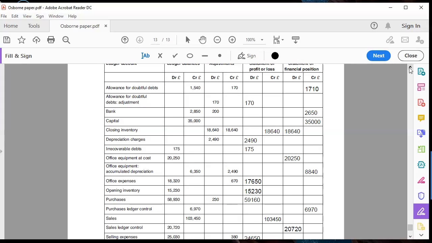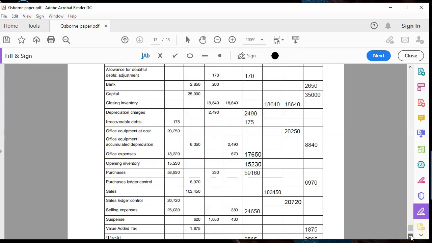1710 plus 2,650 plus 35,000 plus 8,840 plus 6,970. And is there anything else?